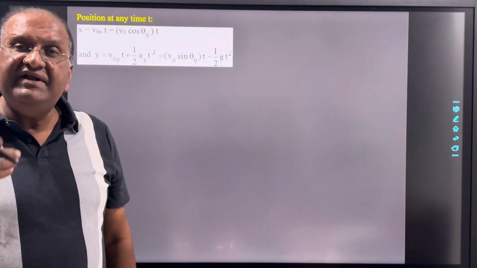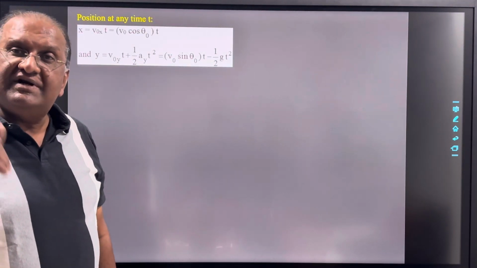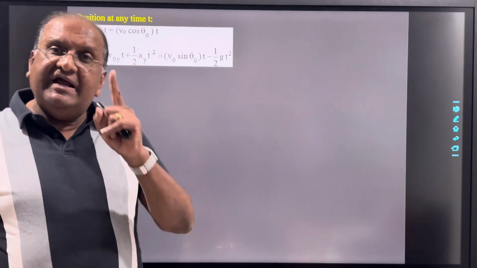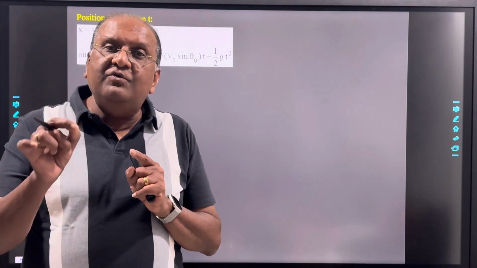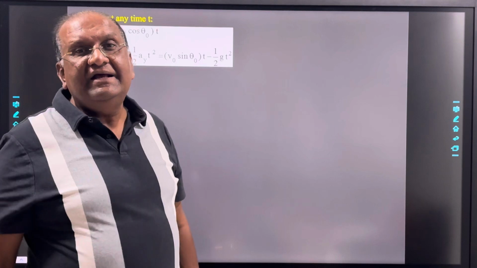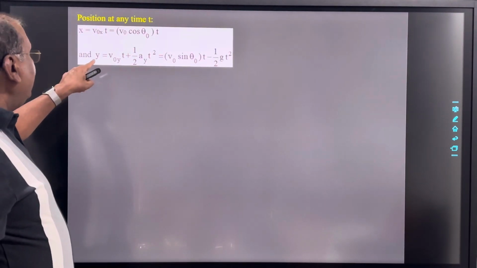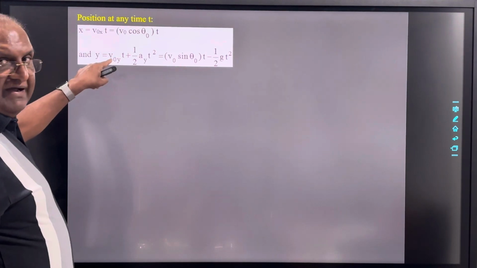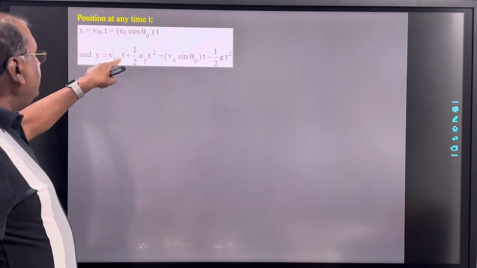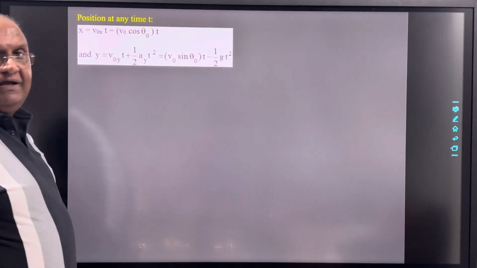So previously we derived the equation of motion with constant acceleration. We can use the equation d equal to v0t plus half at square. So here distance covered in vertical direction we take y. So initial velocity in y direction v0y into time t plus half ay t square.